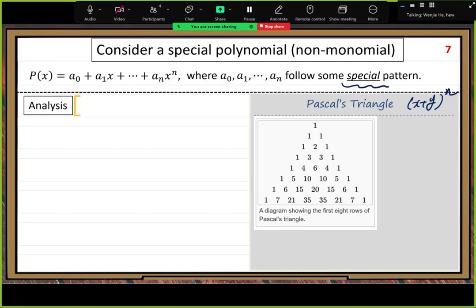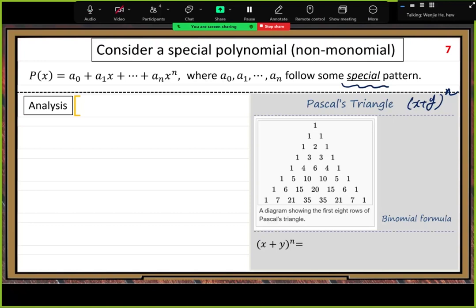Do you know the binomial formula? The famous binomial formula, also called Newton's formula, from your discrete math. Here you can see I use a lot of knowledge from discrete math. So here is the famous binomial formula, x plus y to the nth.